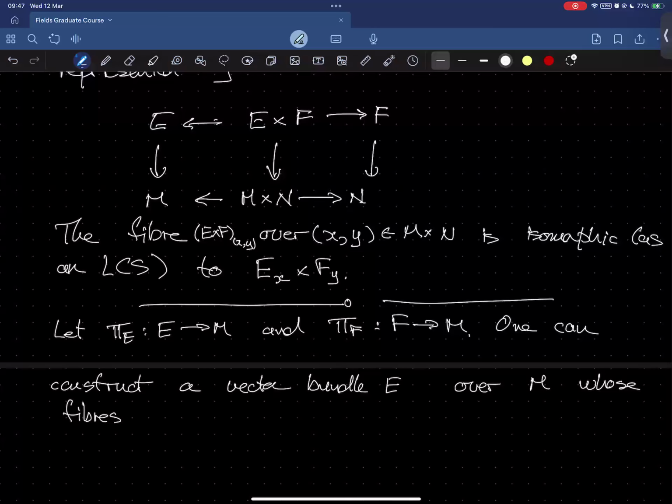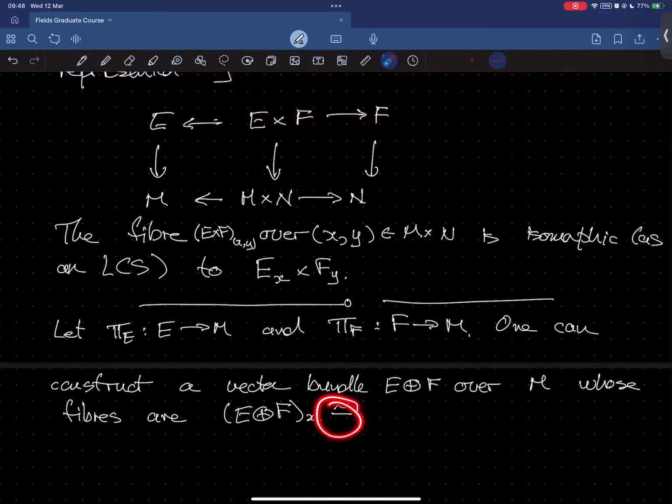The vector bundle will be E plus F, whose fibers, E plus F over X, are isomorphic to, and when I write this symbol I mean the same thing as before, an isomorphism of locally convex spaces, E_X... We haven't really talked about direct sums of locally convex spaces.